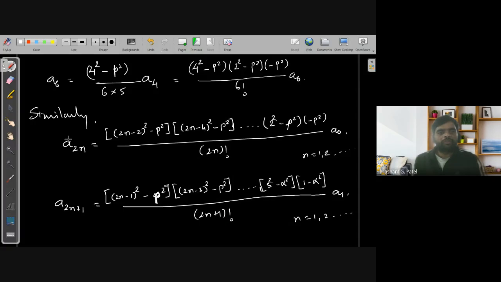And if I substitute now this for even number and odd number into our power series, therefore the solution is y equal to, we know that is summation n running from 0 to infinity a_n x raised to n. Now we need to substitute this value here.